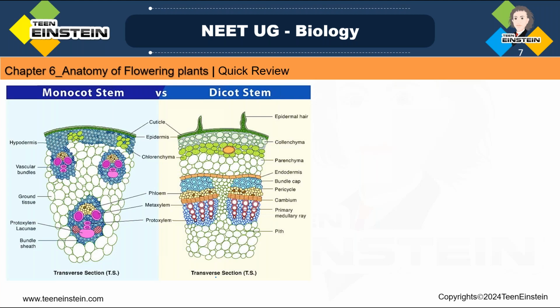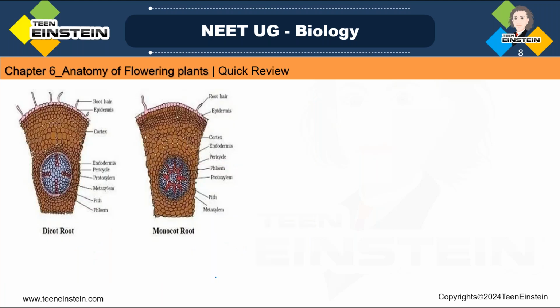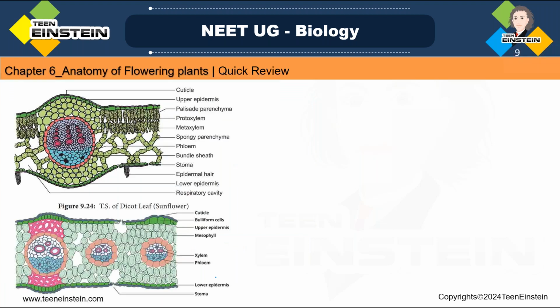Next we move to the anatomy of dicot and monocot plants. So we have learned the monocot stem and dicot stem, dicot root and monocot root, then dicot leaf and monocot leaf. All these structures and the differences, the characteristic features of dicot and monocot stem, we have learned about the epidermal region, the difference in the epidermis of dicot stem and monocot stem.